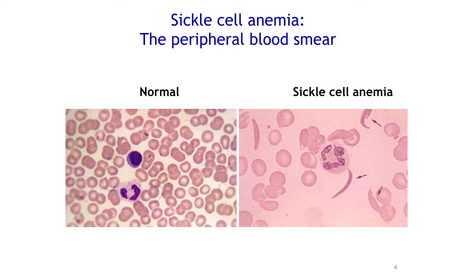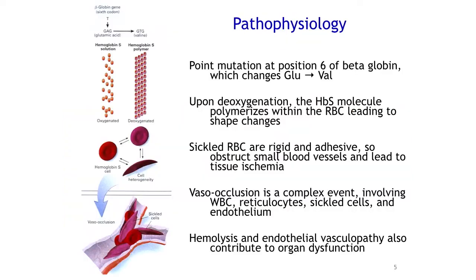Briefly about the pathophysiology, what really happens is a point mutation at position 6 of the beta globin gene, where thymine replaces adenine.